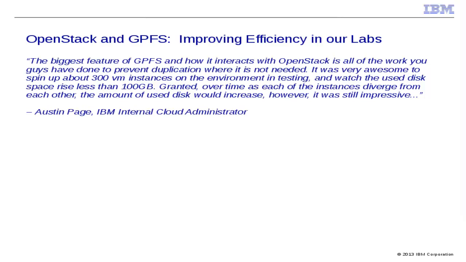So how well does this work in real life? Here's a quote from one of our internal IBM deployers. He's a system admin for a cloud system that IBM development and test teams utilize. You can see that the efficiencies provided by GPFS and OpenStack are making quite an impact.